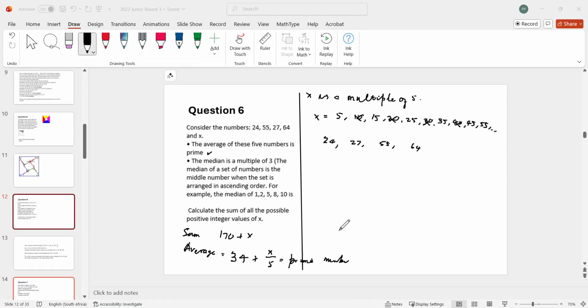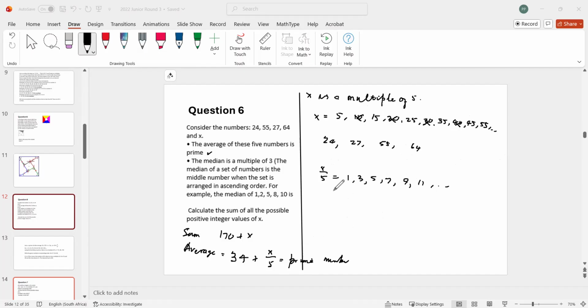All right. Now let's try to see what these are. x over 5 gives 1, 3, 5, 7, 9, 11. I'm just dividing whatever is remaining by 5.